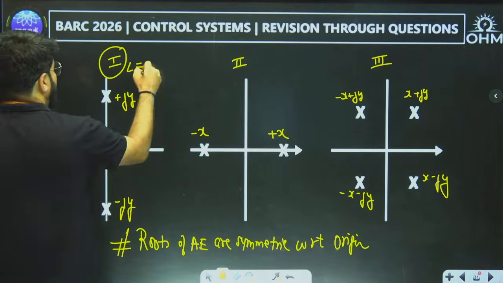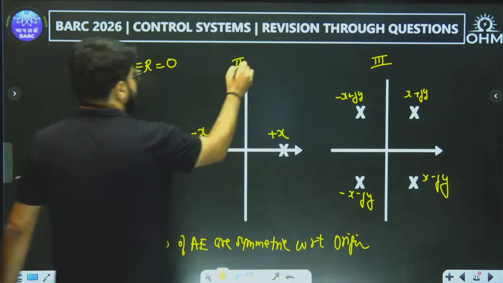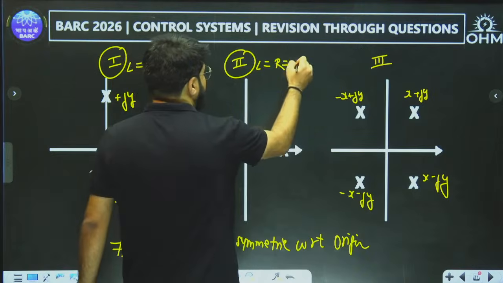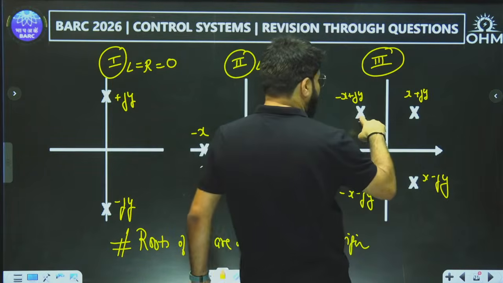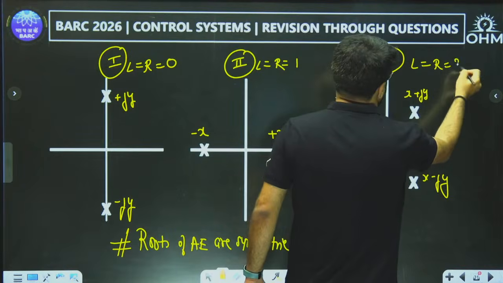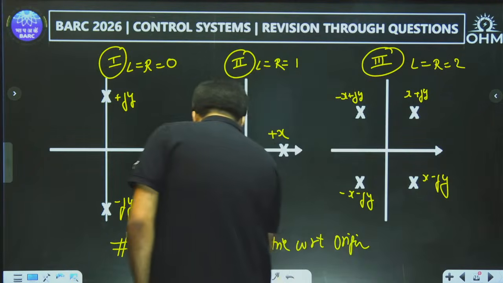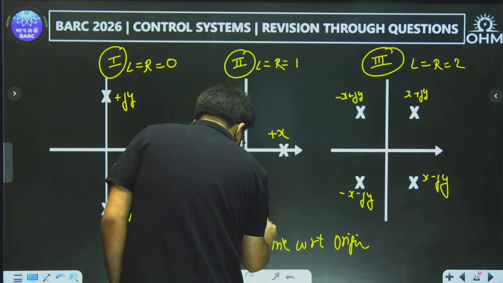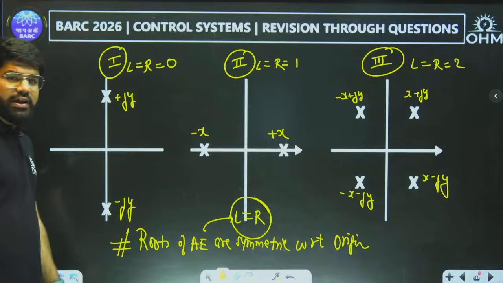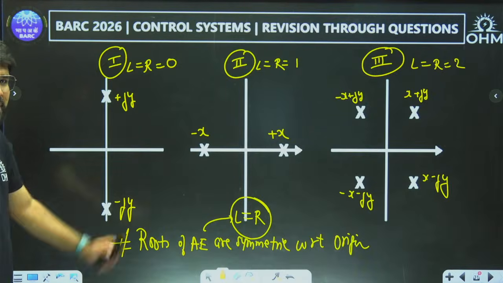Nothing on the left, nothing on the right, 0. In the second condition, 1 left, 1 right. In the third condition, 2 left, 2 right. That means for the auxiliary equation, the number of L roots and R roots are always equal. L means LHP, R means RHP.